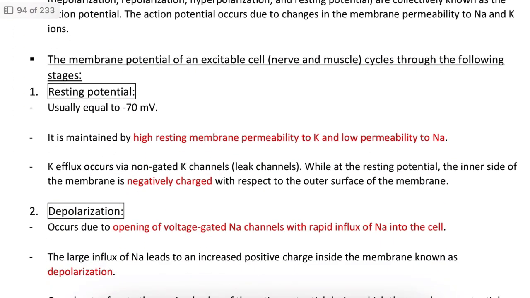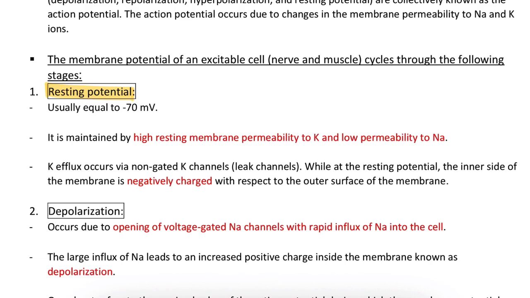You can see this image of the resting membrane potential: high potassium permeability through leak channels, and low sodium permeability. The inside of the membrane is more negative than the outside. The sodium-potassium ATPase pumps 3 sodium out and 2 potassium inside to maintain the gradient.